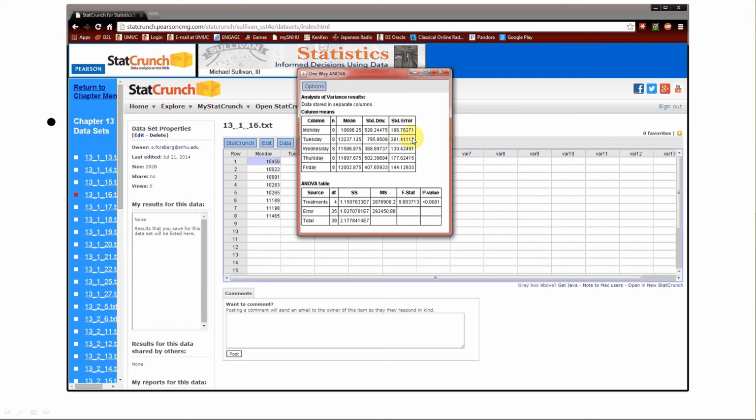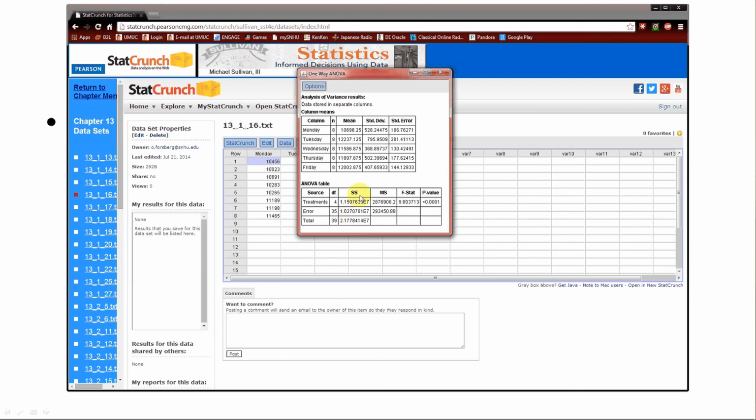Notice the first table is larger because now we have 5 days instead of 3 restaurants. The ANOVA table looks about the same though. Degrees of freedom treatment is 5 minus 1. 5 days minus 1 is 4. There's 40 measurements altogether. 40 minus 1 is 39. And 39 minus 4 is 35.